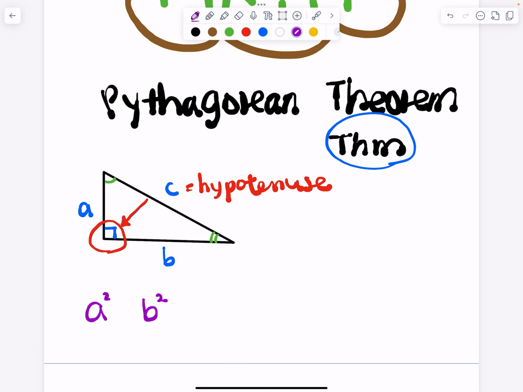The sum of the perfect squares of those two legs is always equal to the perfect square of the third side, which is the hypotenuse. That's what the theorem states, okay? So yes, the Pythagorean theorem is used to find the unknown lengths of right triangles only.